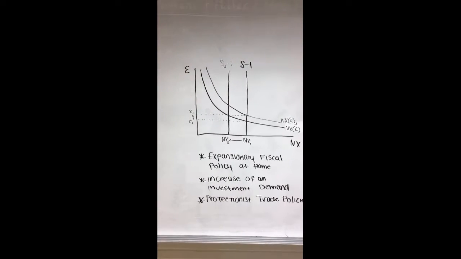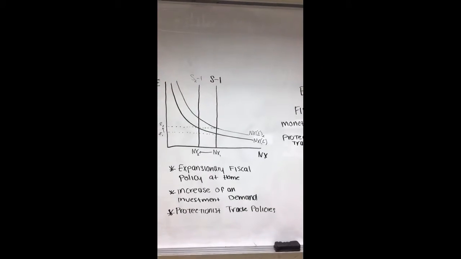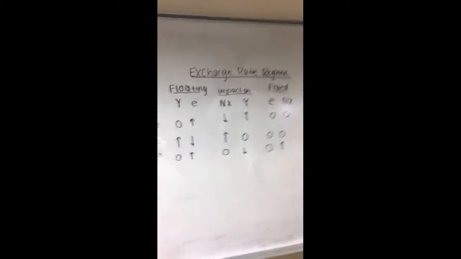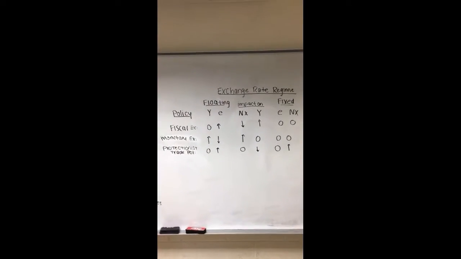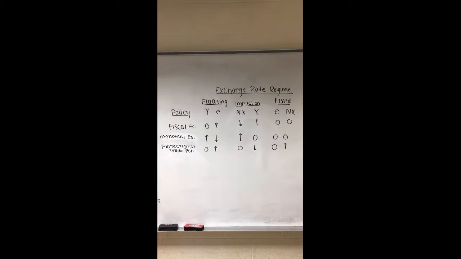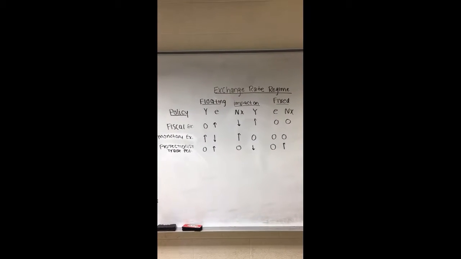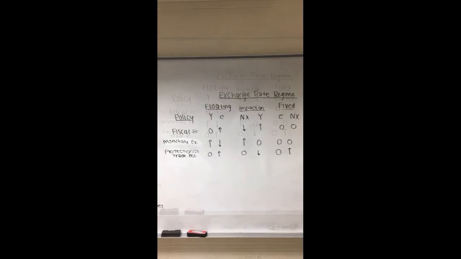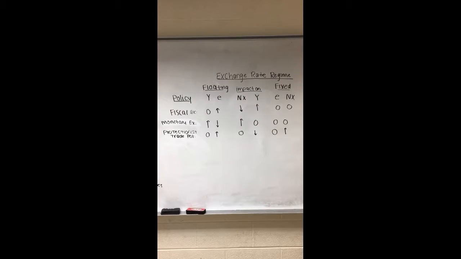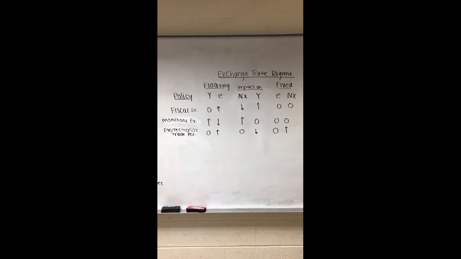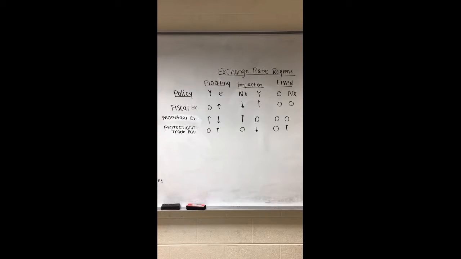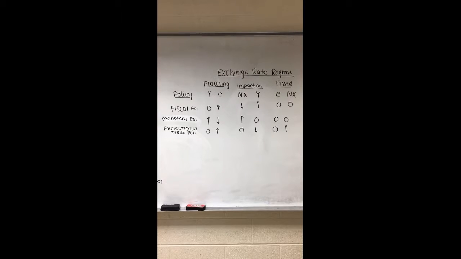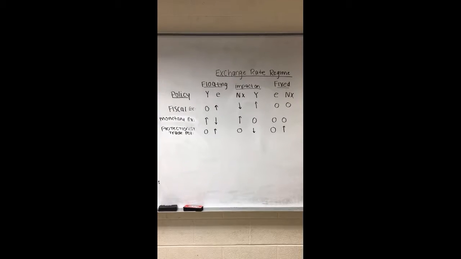In all three cases, you can see that net exports fall, which raises the real exchange rate. All of these three cases have the same effect, except for the monetary expansion abroad. You can see on the table that in a floating exchange rate system, for fiscal expansion, exchange rates increase, but in a monetary expansion, the exchange rates decrease.